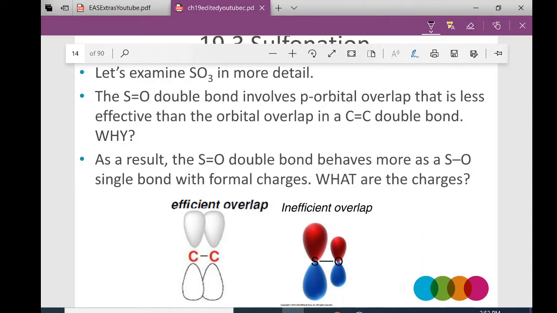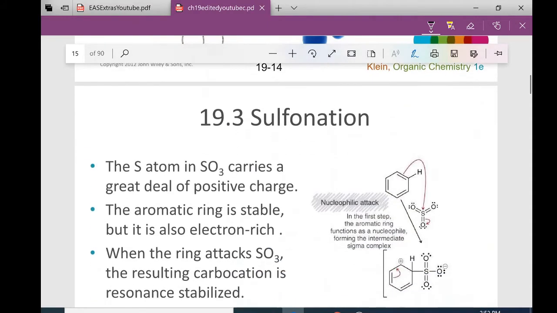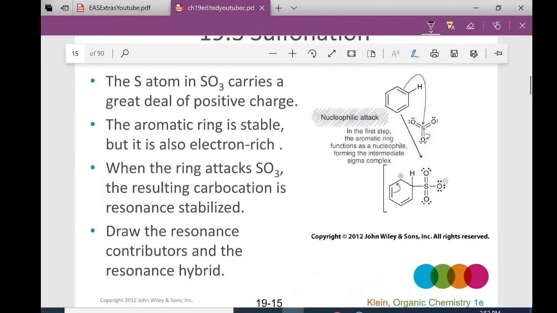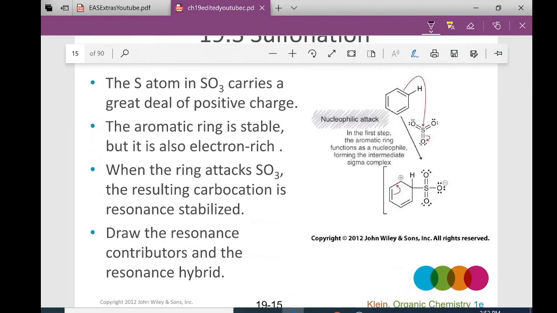Sulfur is larger than the oxygen, and therefore the overlap isn't as efficient as it would be from, say, a carbon-carbon double bond. That makes the sulfur electron deficient and therefore electrophilic. So it's subject to attack by the nucleophile, which is the ring acting as a nucleophile, which can attack the SO3, and we get our sigma complex.